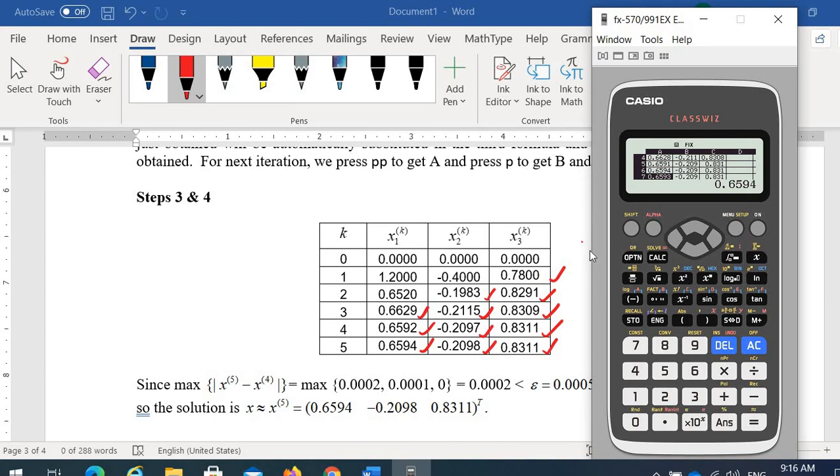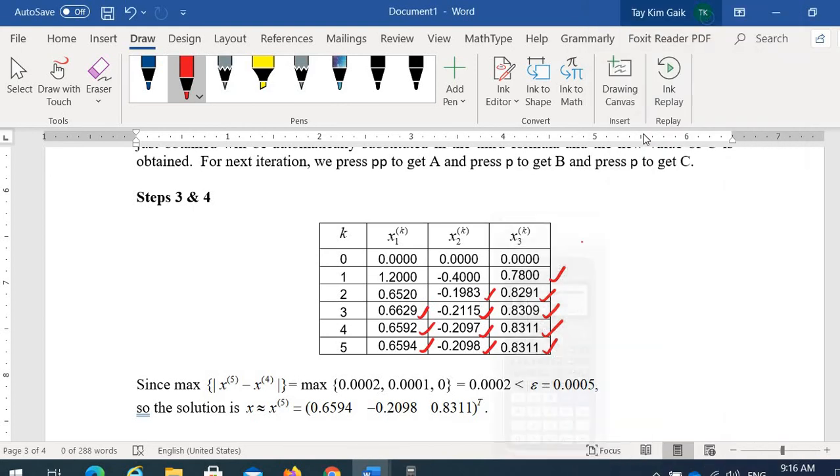That's why the solution is 0.9564, negative 0.2098, 0.8311. But here we stop at iteration 5 because we chose the stopping criterion: the maximum value of the modulus of x number 5 minus x number 4, we obtain 0.002, which is less than epsilon 0.005.